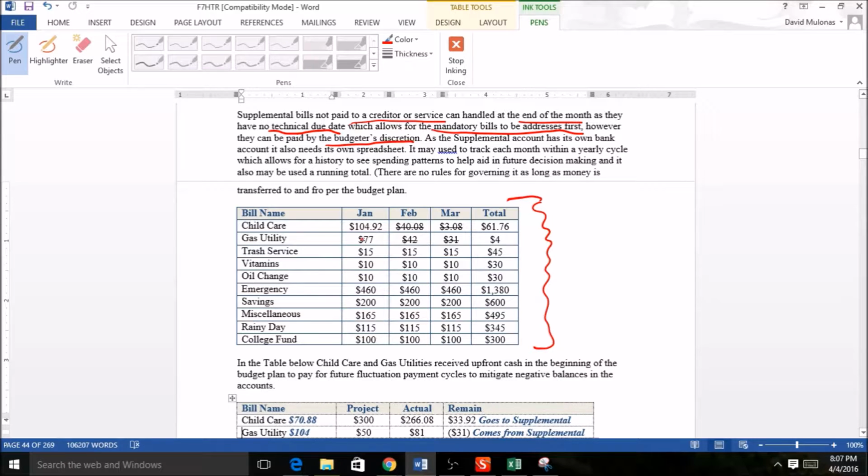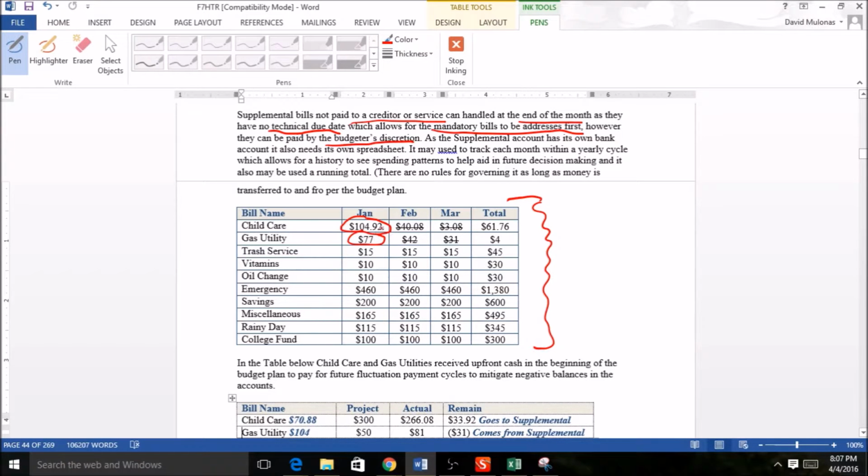And you can see here, this is blown out a little bit more from what we saw in the beginning of the chapter about handling the supplemental in terms of creating the grid and tracking each month. In this particular case, we can see that Childcare has 104 for January. Gas utility at 77.